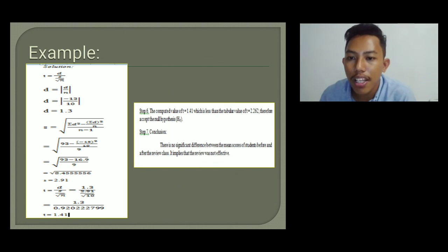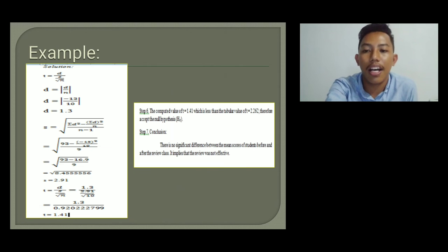So the computed value of t is 1.41, which is less than the tabular value of t, 2.262. Therefore, accept the null hypothesis. Conclusion: there is no significant difference between the mean scores of the students before and after the review class. It implies that the review was not effective.